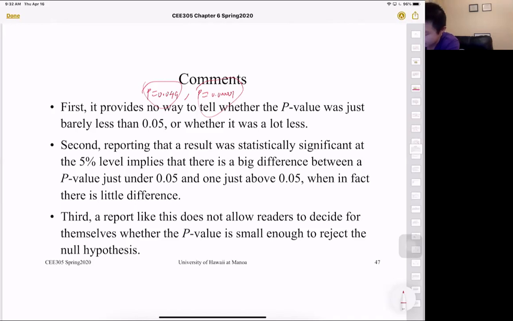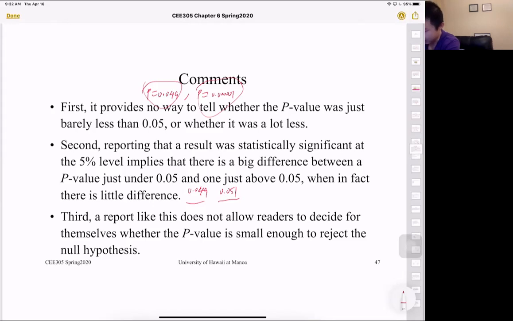Another reason is it suggests there's a big difference between a p-value just under 0.05, for example 0.049, and just above 0.05, for example 0.051. These two p-values are very close, but if we choose 5%, one is statistically significant and the other is not.